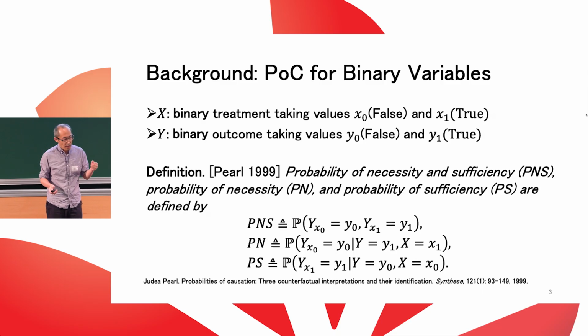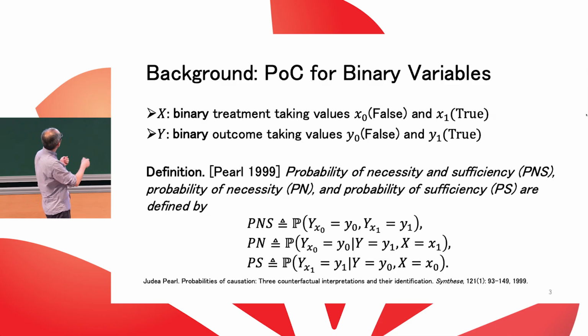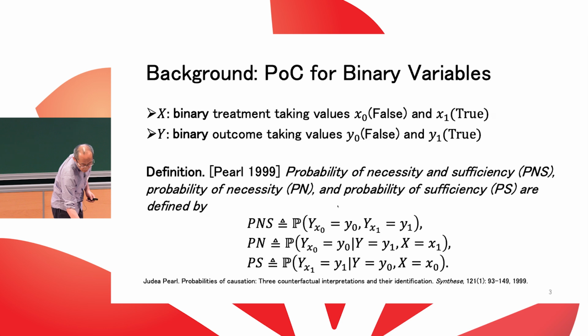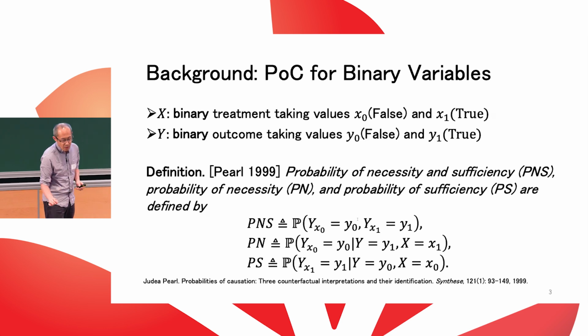And y is the binary outcome variable. Pearl defined three kinds of probabilities of causation. There's the probability of necessity and sufficiency.